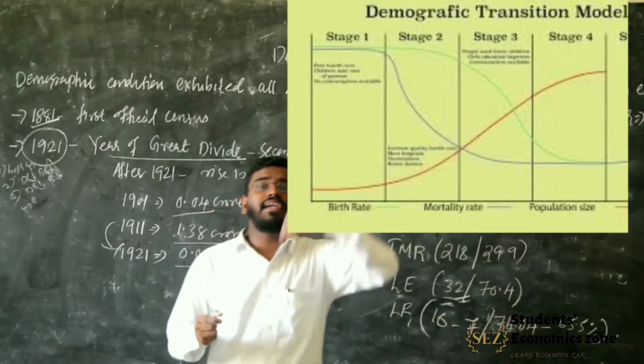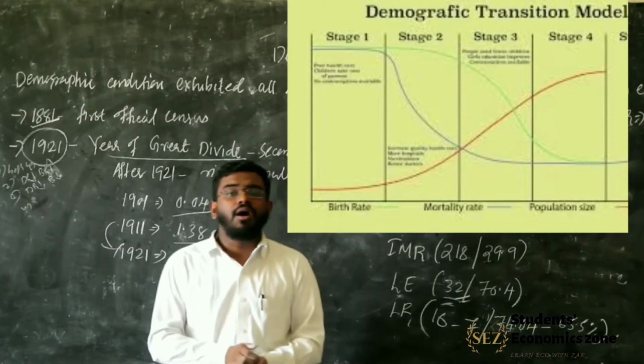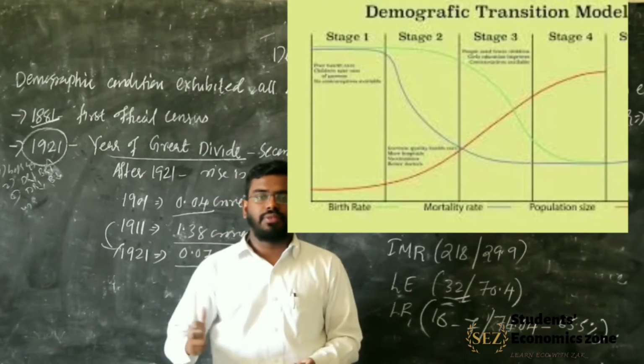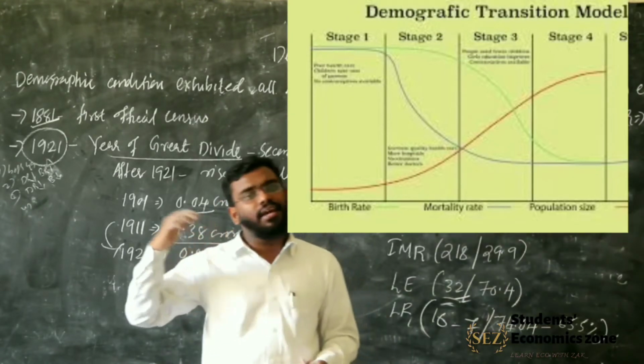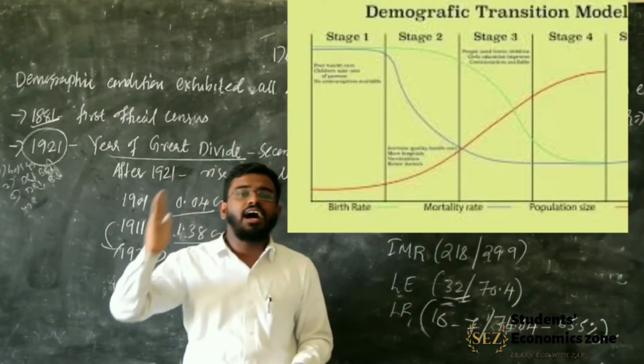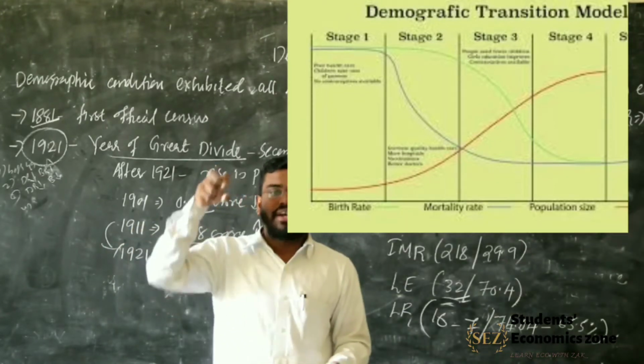When the economy enters the second stage, what happens? Death rate starts to fall. But what happens to birth rate? It keeps rising. So there we can see a high birth rate and a low death rate.